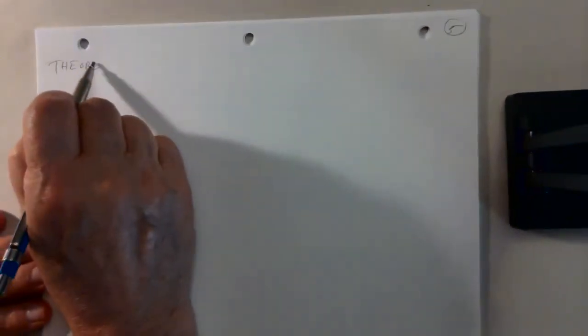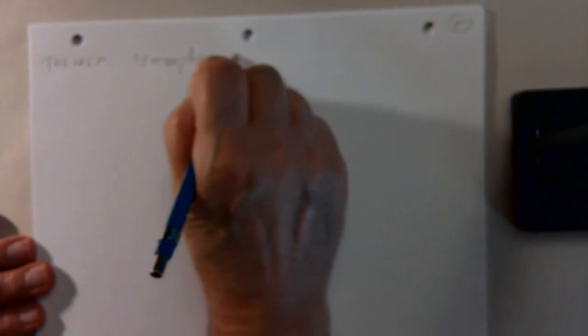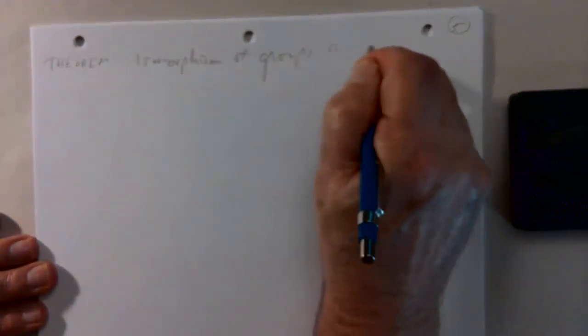One more important result. We'll call this one the theorem. Isomorphism of groups is an equivalence relation.